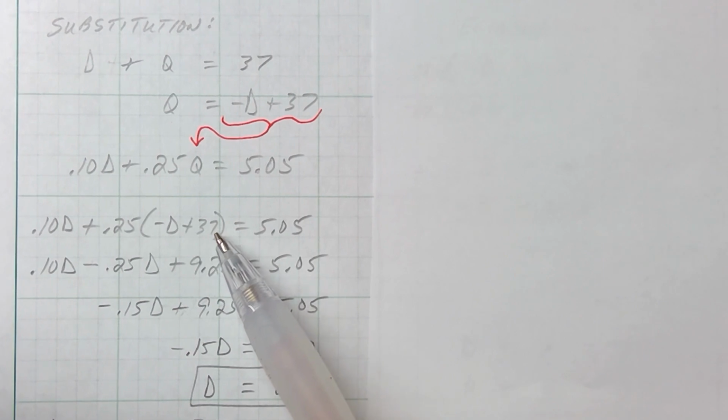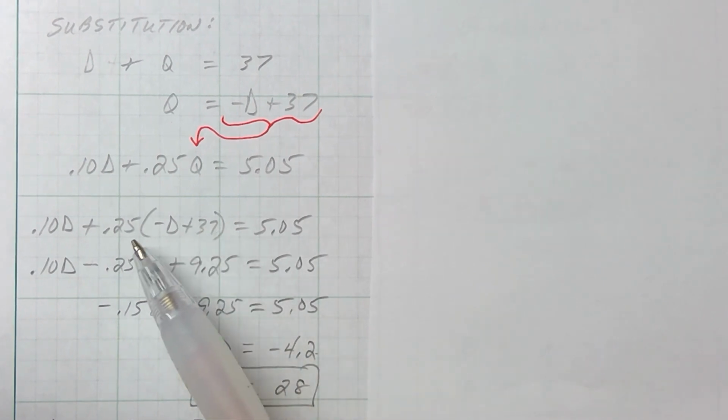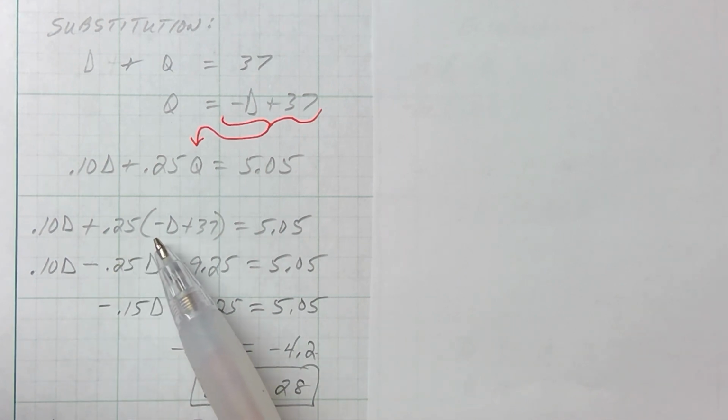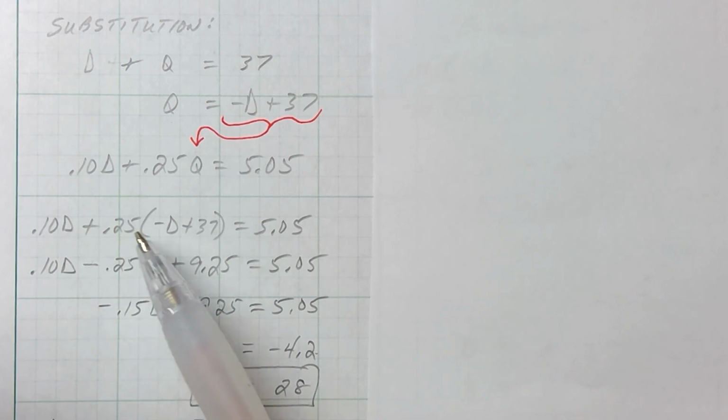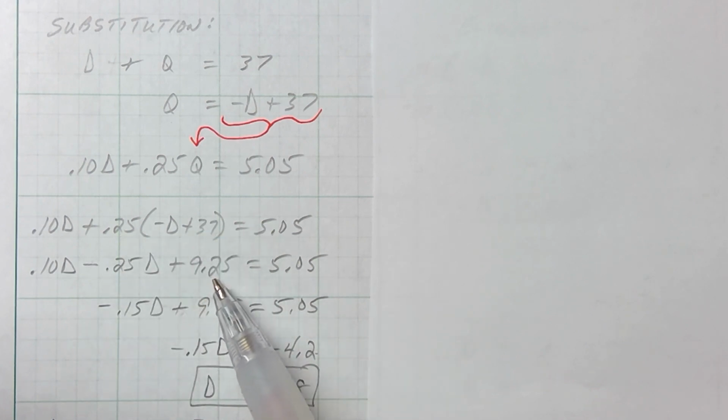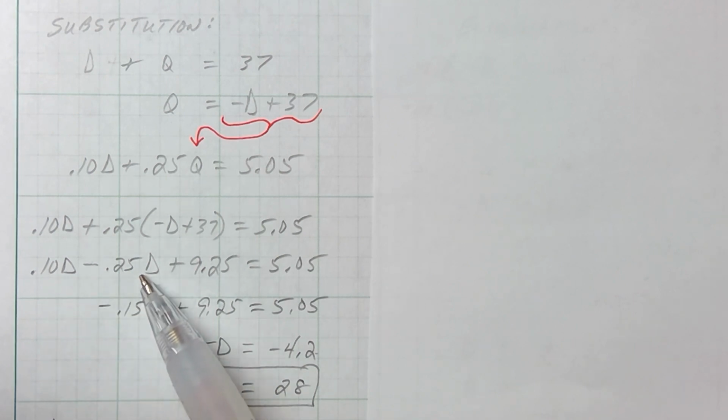Now this turns into a little bit of math, a little bit of algebra. You have to multiply everybody in the parentheses times 0.25. And it looks like this. 0.25 times negative D, positive times negative is negative 0.25D, and 0.25 times 37 is 9.25. Add your like terms, in this case subtract, and you get negative 0.15D.